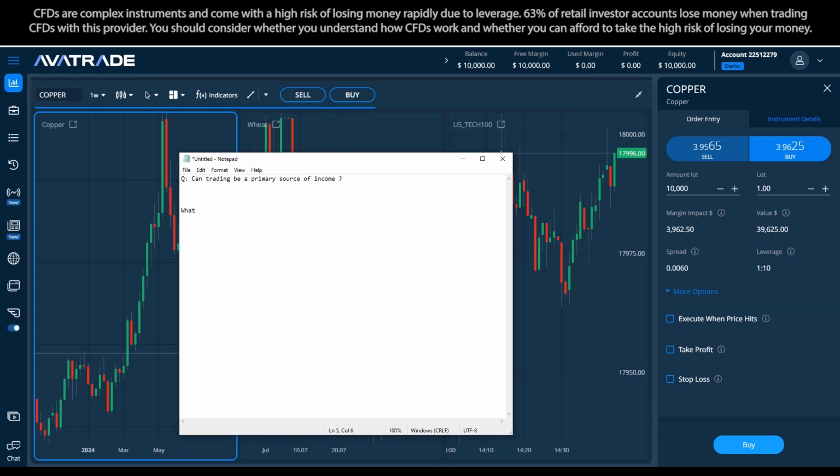What is needed to be a pro trader? What do you think is required to make trading a primary source of income? What do you think?